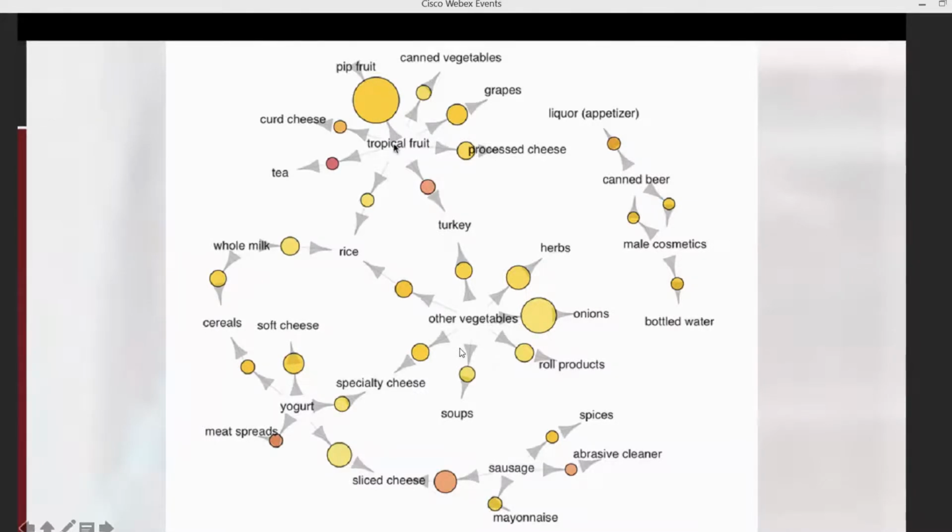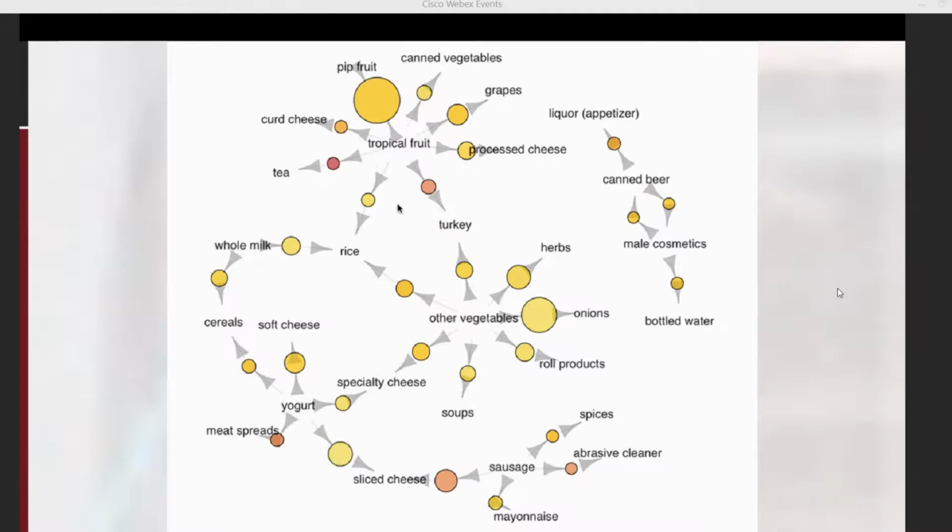This helps the retailers and merchants to offer promotions. Next time it will create a promotion or discount on tropical fruit since it gets associated with a lot of products, or identify the common points. Let's say if a person has purchased yogurt, they were maybe diet conscious, so they also purchased cereals and other things.